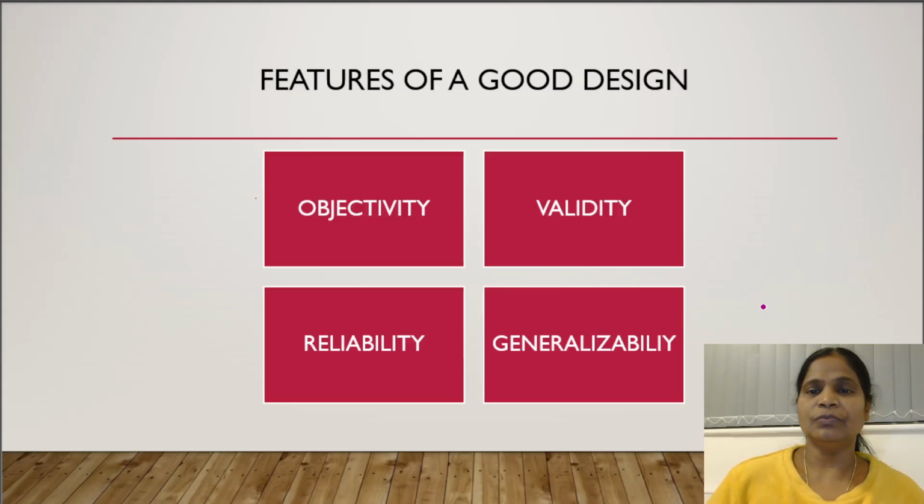Coming to features of a good research design, already explained: objectivity is nothing but avoiding bias and personal opinions. Validity and reliability I have explained. Then generalizability.